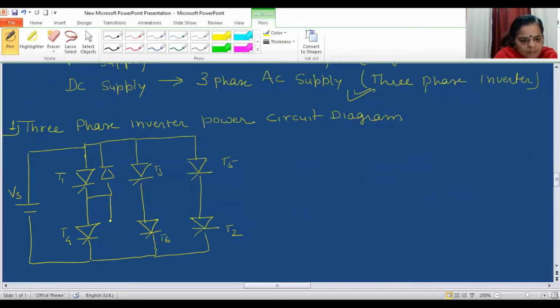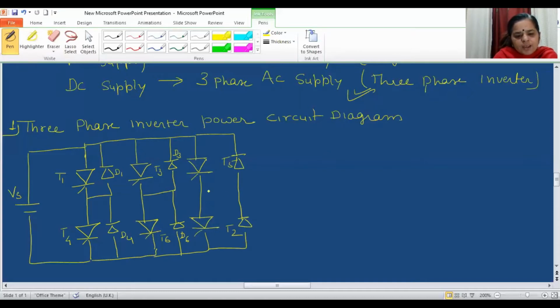Now apart from the 6 SCRs, there will be 6 diodes, and they are connected in anti-parallel with the SCRs, so that when these SCRs are reverse biased, these diodes will provide a path for the flow of current. So there are 6 diodes connected in anti-parallel, to provide a path for the flow of current in the reverse bias condition of the SCRs.